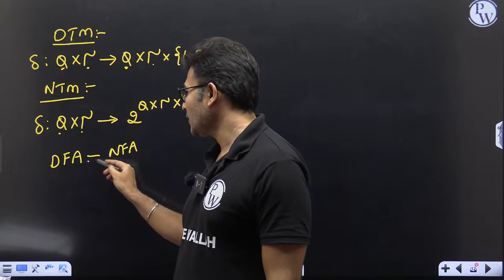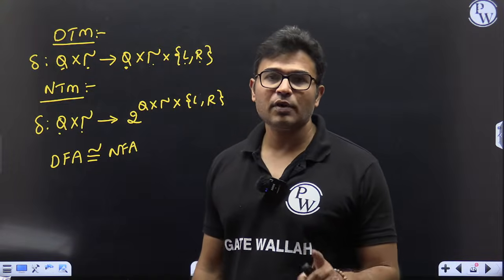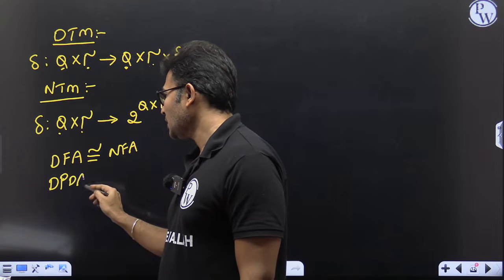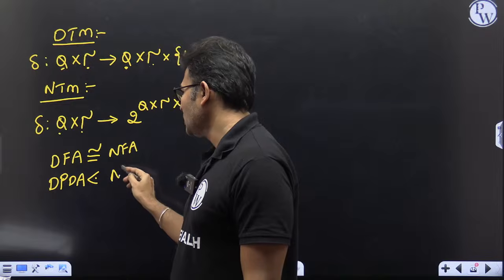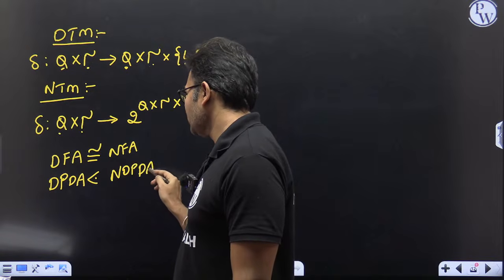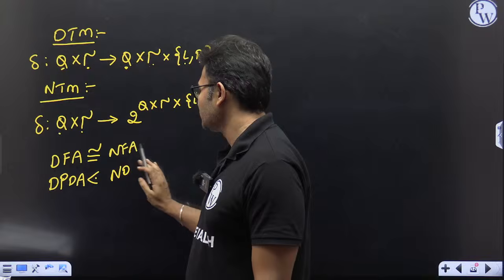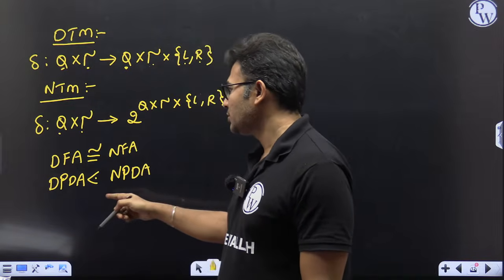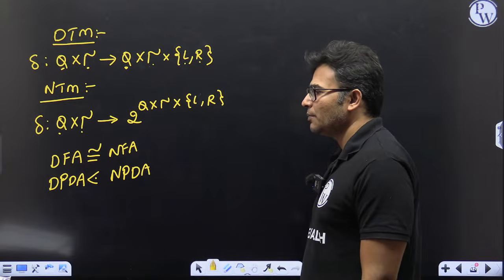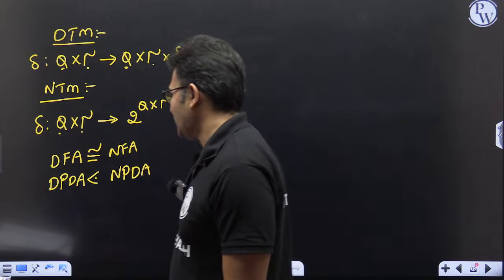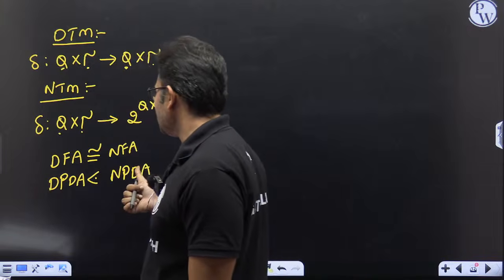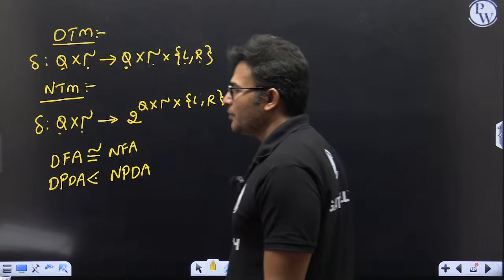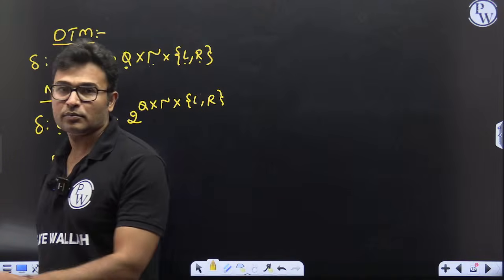In case of push-down automata, deterministic push-down automata is less in power compared to non-deterministic push-down automata.